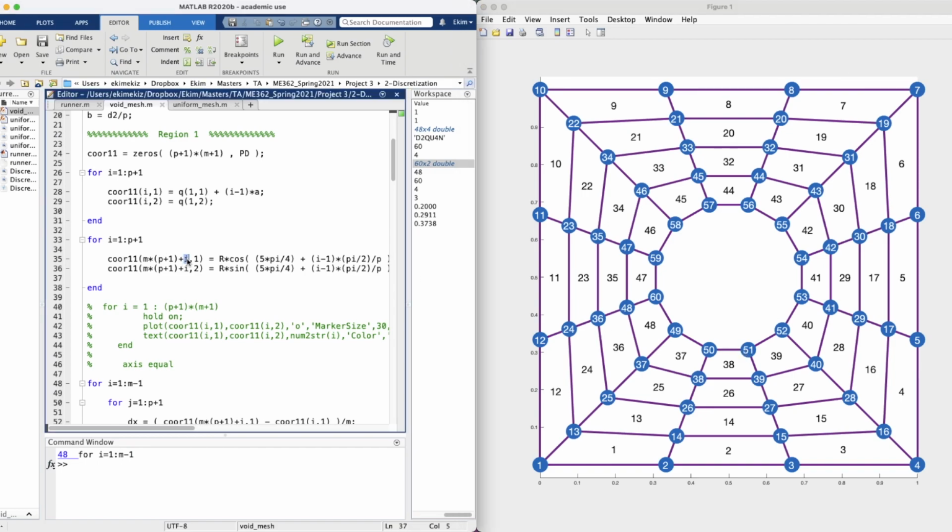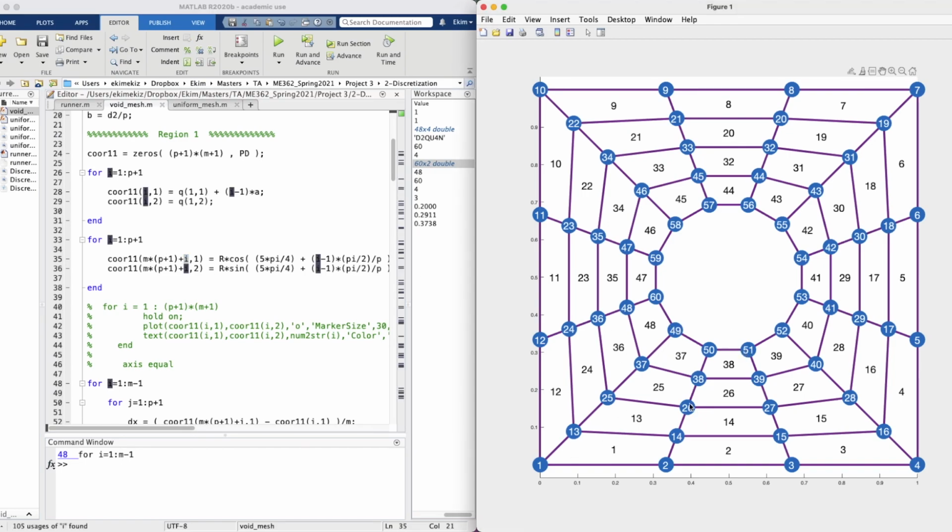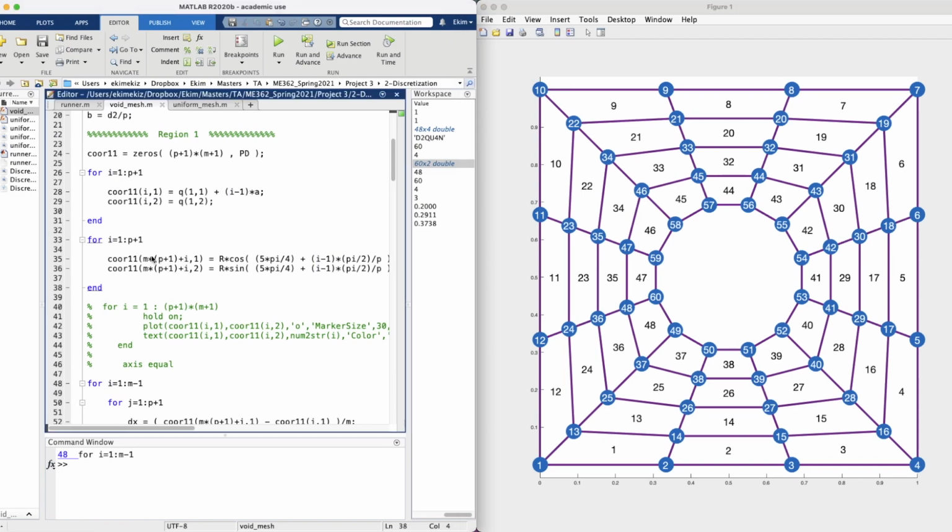So I covers the columns again, and we skip m rows by doing m times p plus 1. So we are looking at this node here when I is 1. So we are looking at its x coordinate and its y coordinate, and let's see what we have.